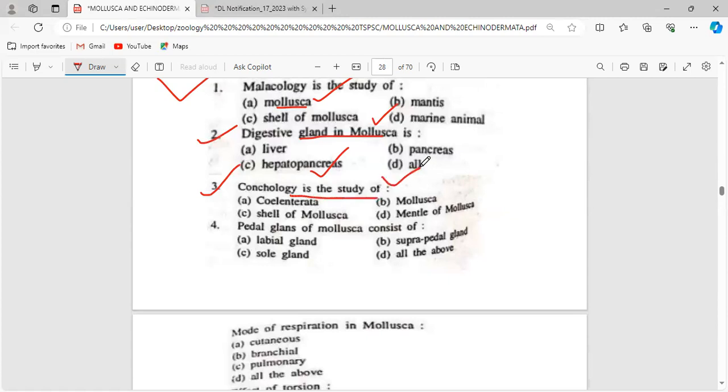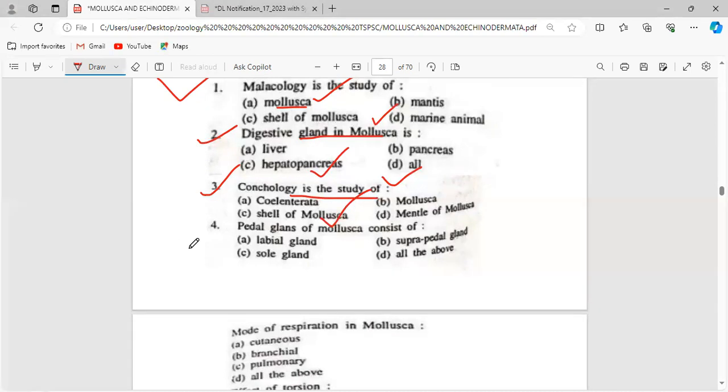Conchology is the study of the shell of mollusca.